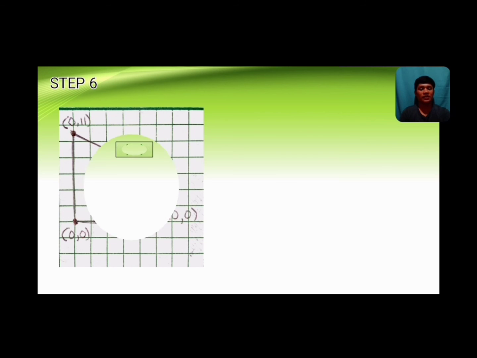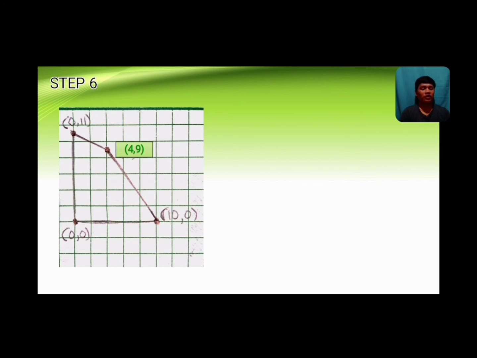Okay, let's proceed to step 6, which is to determine the optimal solution algebraically by calculating the coordinates of the optimum point. Since we found the value of x and y of the unknown point, as you can see, we have 4 points: (0, 0), (0, 11), (4, 9), and (10, 0).